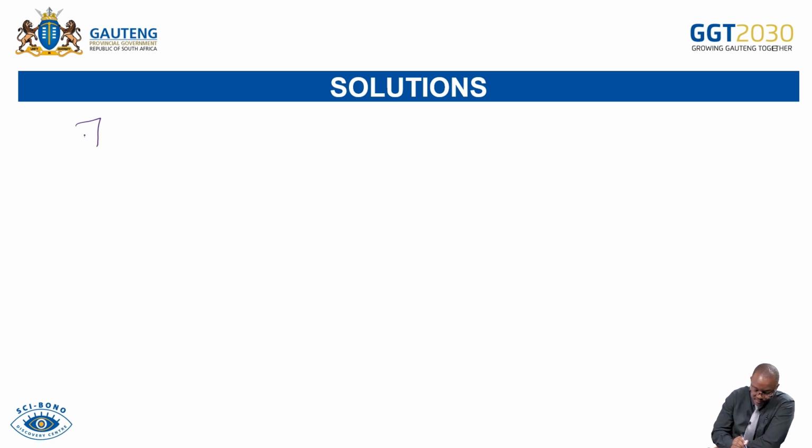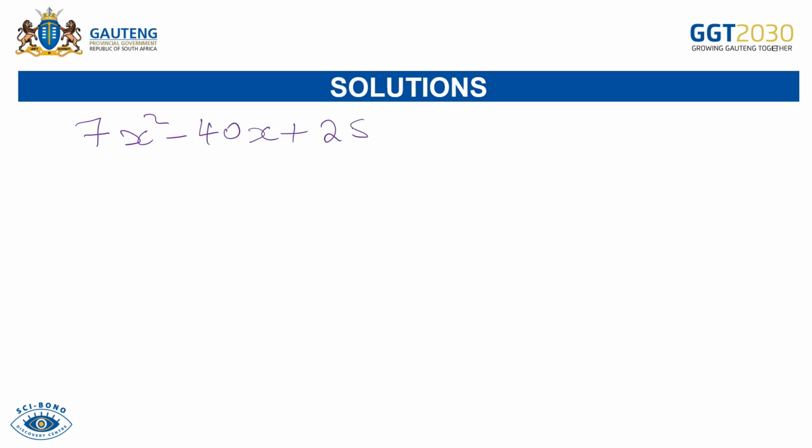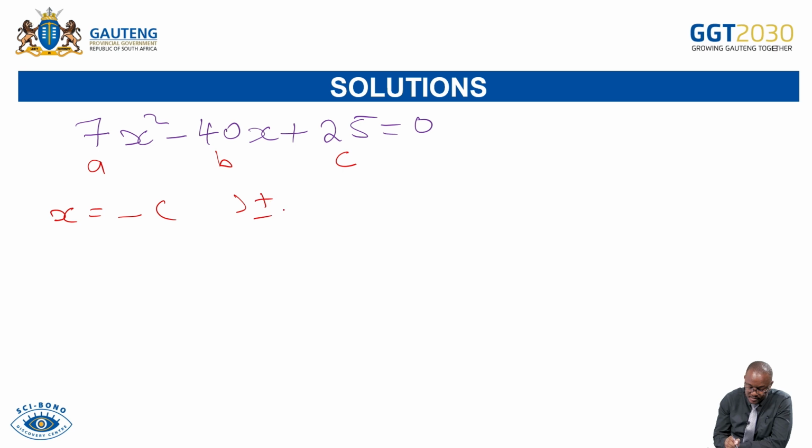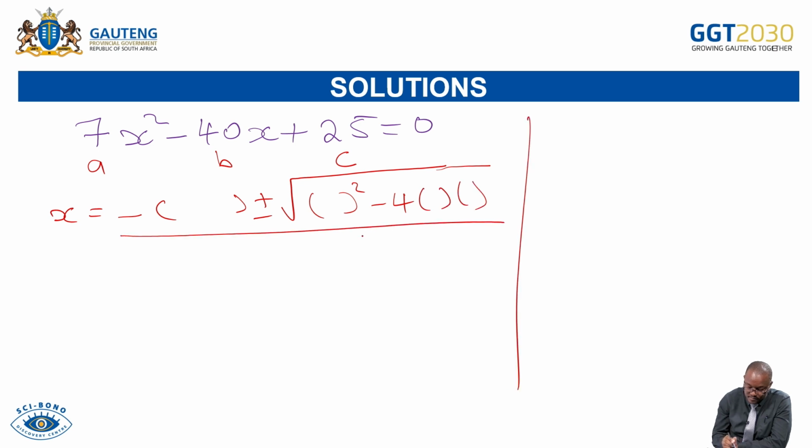Remember, we have 7x squared minus 40x plus 25 is equal to 0. Then what will happen here is that we have a, b, and c. We can use our quadratic formula. We substitute. We are going to have minus 40, 7 and 25, also 7.